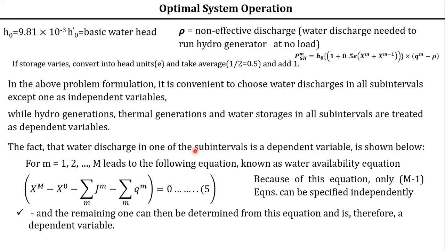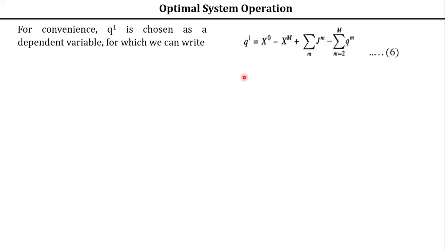So this we were discussing in the last class. That one dependent variable, the discharge rate Q, is calculated from this equation. This is your dependent variable. As I said, if there are 6 subintervals, then during each subinterval the variable will be treated as an independent variable, but one variable out of these 6 will be considered as the dependent variable.